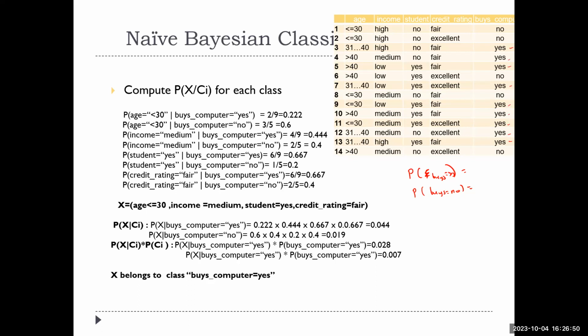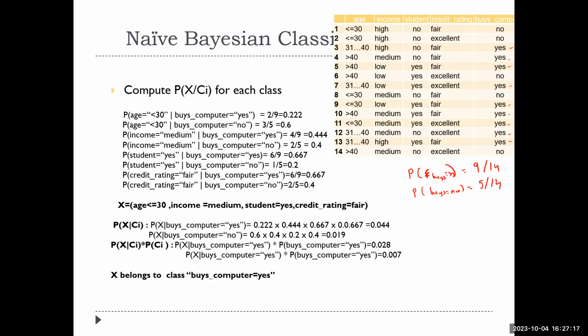I'm looking at just the class, we don't look at the attributes. I'm just looking at the general population. How likely are people to buy a computer? Okay, we have 9 over 14. For buys no, 5 over 14. Okay, this is the first one.